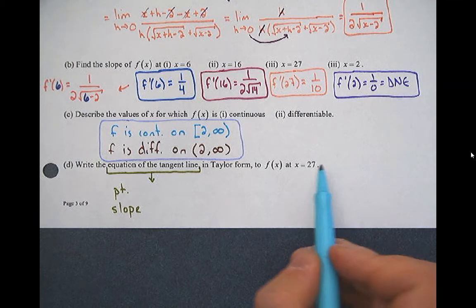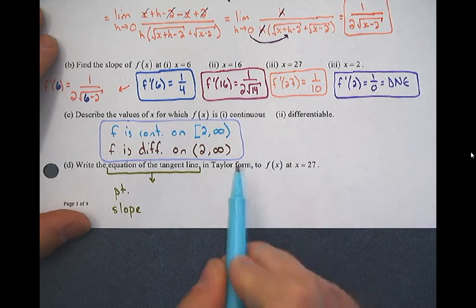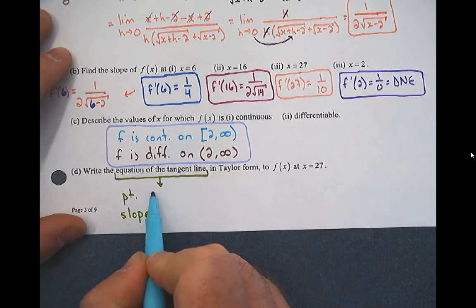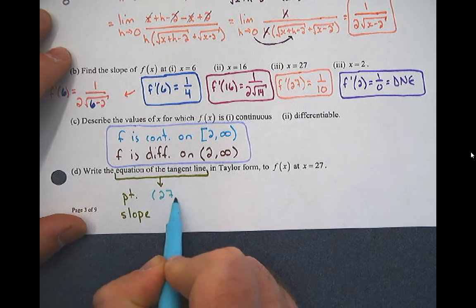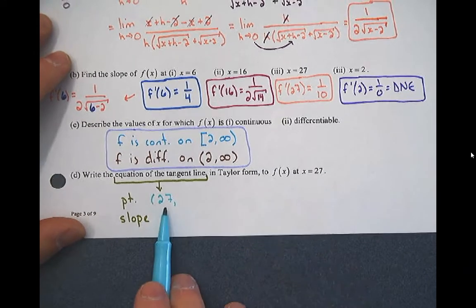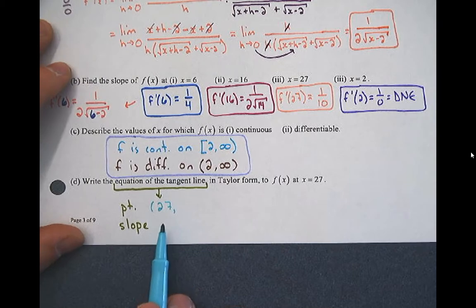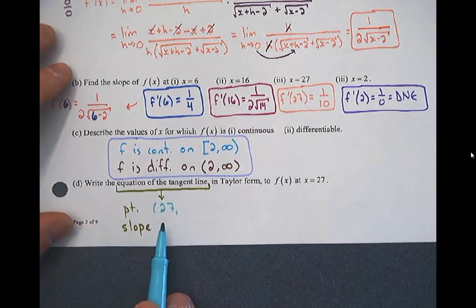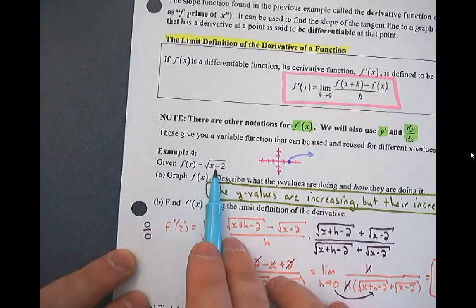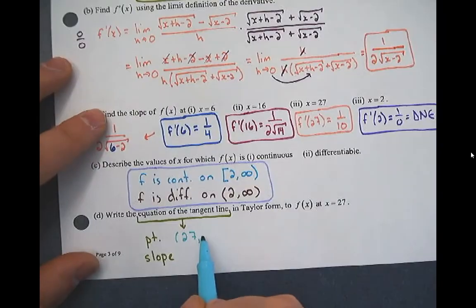Well, the point is given to us by an x value and a y value. So my point is 27, comma, and then how would I figure out my y value? I would take 27, I'd plug it into my function. What's 27 take away 2? 25. What's the square root of 25? 5.